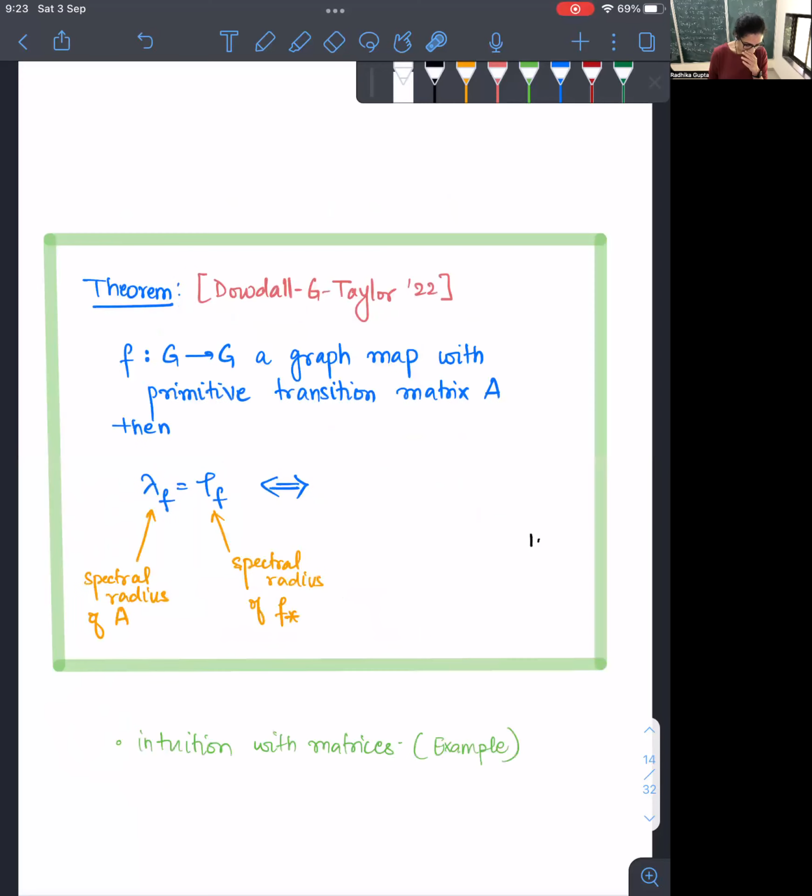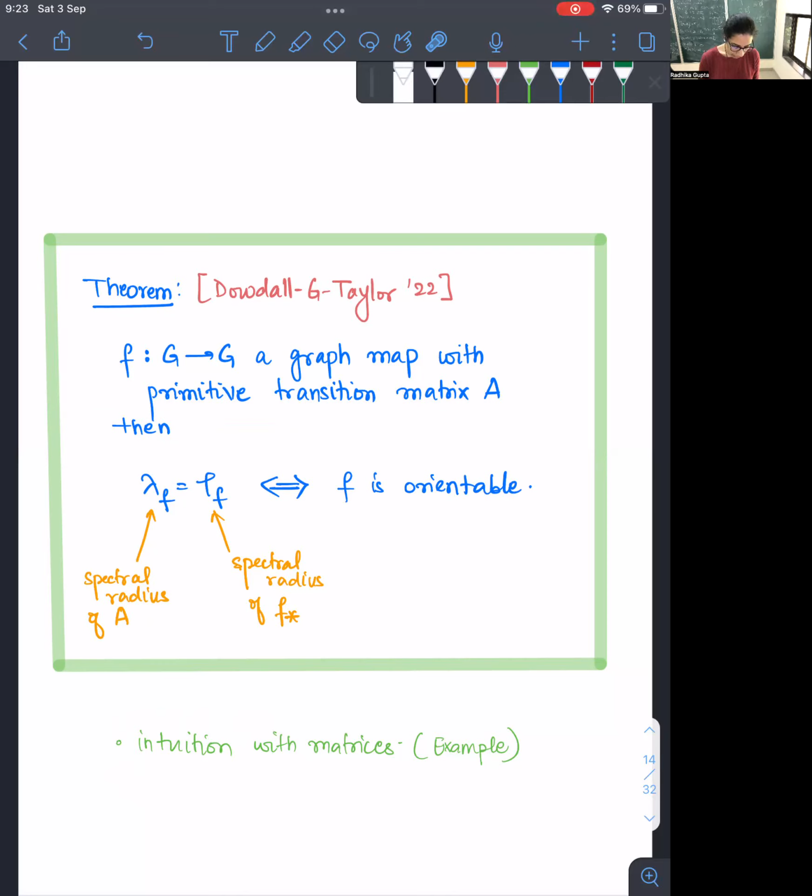So that's the next result. If I have a graph map with a primitive transition matrix, so we need some condition on transition matrix A. Primitive means that some power of A is a positive matrix. Then these stretch factors are equal if and only if F is orientable. So when I say F is orientable, I mean F is either positively orientable or negatively orientable.